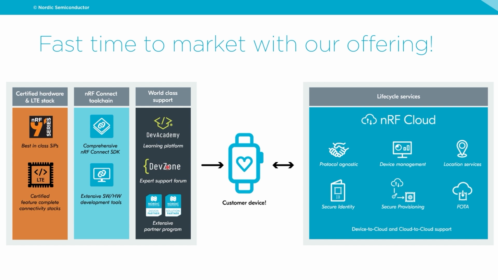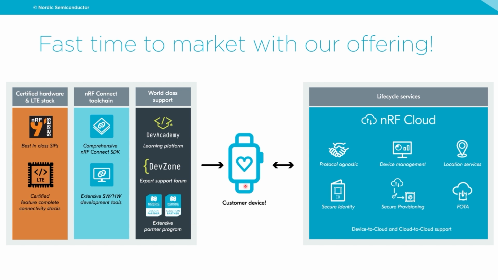Then DevZone for support. And because there are things that Nordic cannot provide, for example antenna design, we have an extensive partner program that can help you create your device, including all the bells and whistles and all the tweaks that you need to do. You can always refer to our design partners on the areas that you might need a little bit more assistance with.